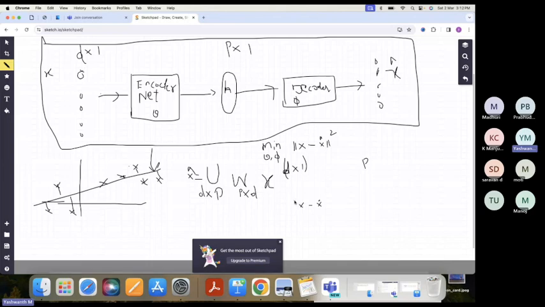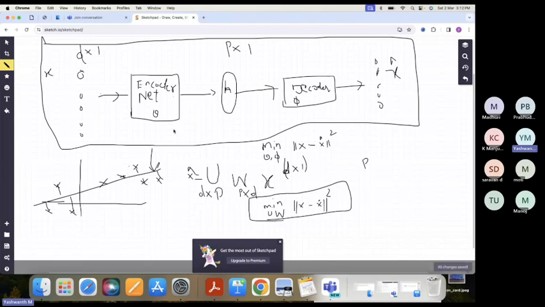You minimize it with respect to U and W. So this is another interpretation of PCA, in an autoencoder kind of style.